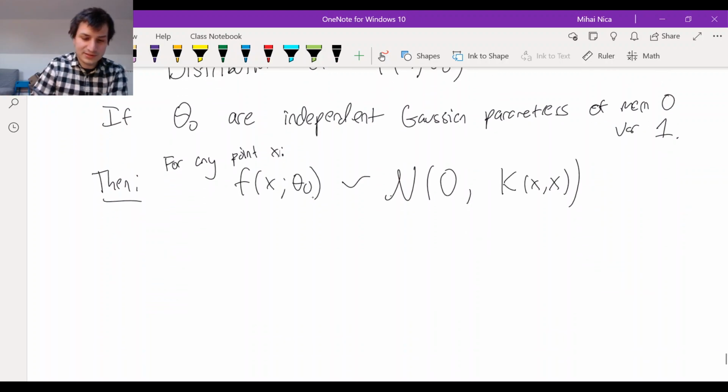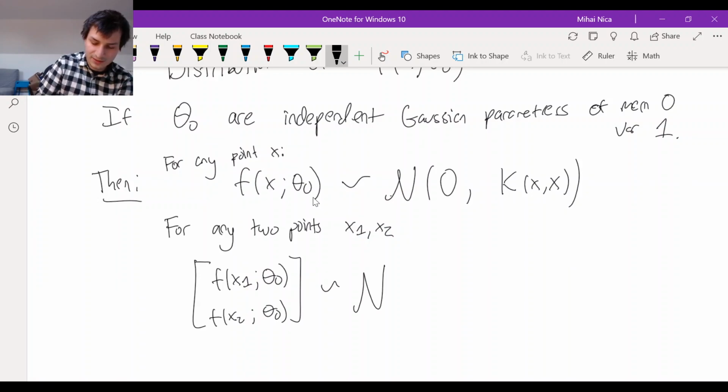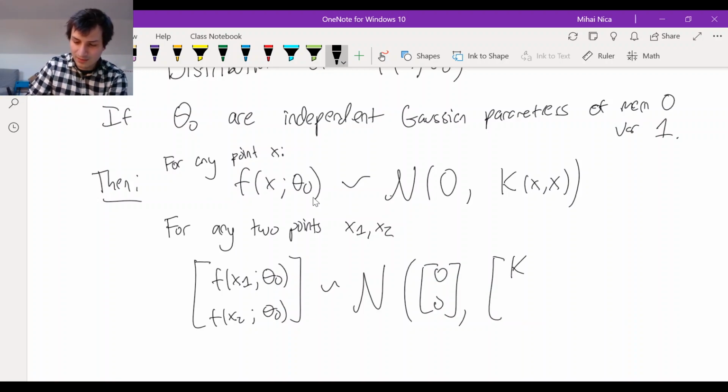For any 2 points, if you have x1 and x2, then f of x1 theta 0, f of x2 theta 0 is a vector that is also Gaussian, and its mean is 0, so it's a mean 0 Gaussian, and its covariance is given by the kernel k again.